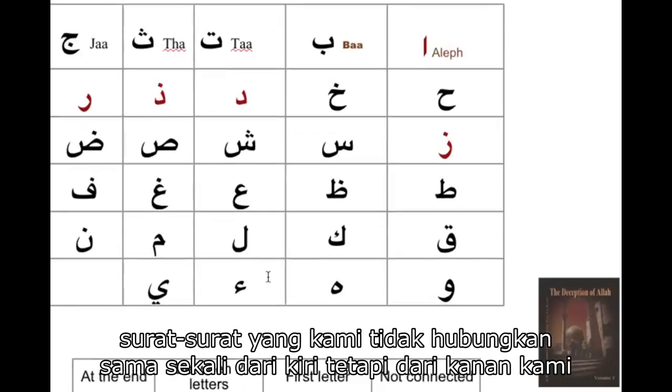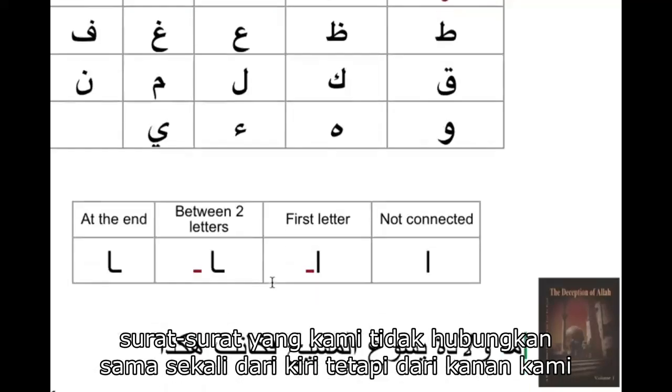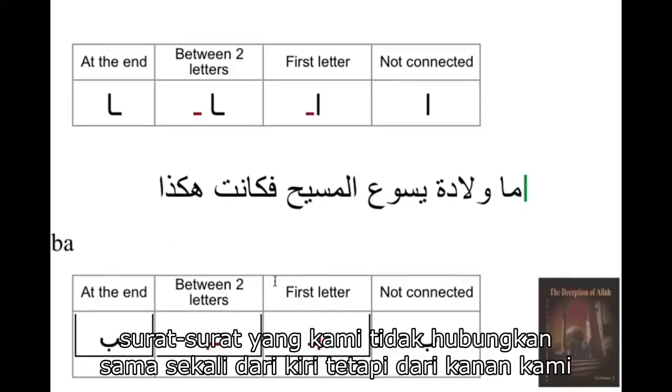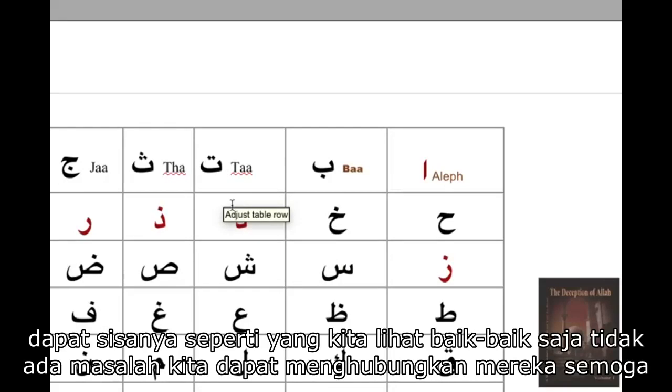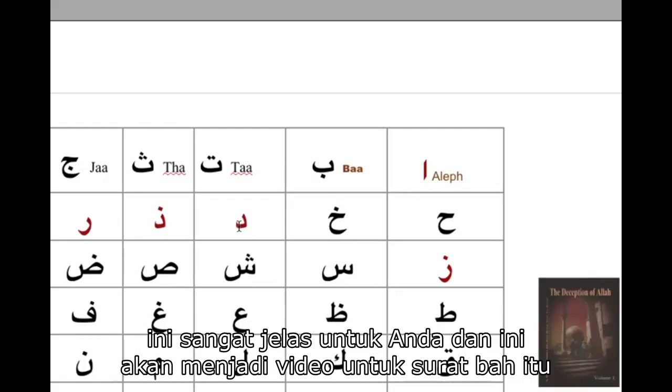Those letters, we don't connect them at all from the left, but from the right we can. The rest, as we see, are fine, there's no problem, we can connect them. I hope this is very clear for you, and this will be the video for the letter ba.